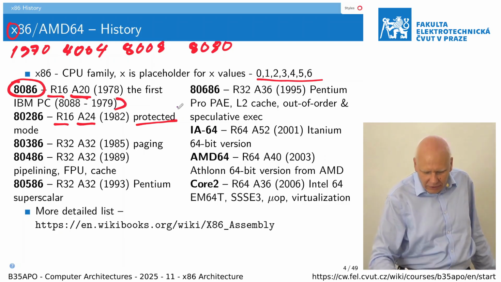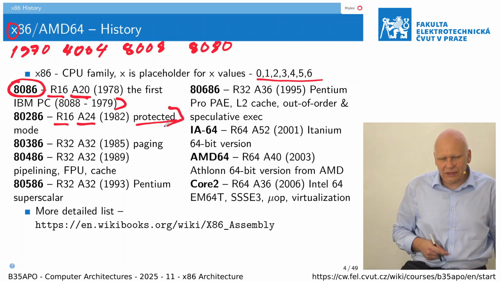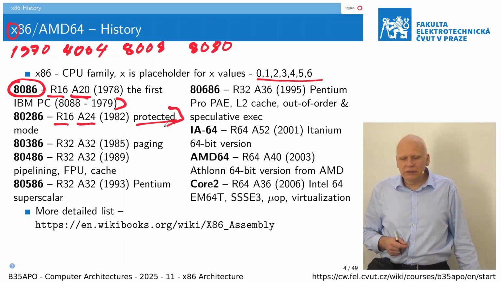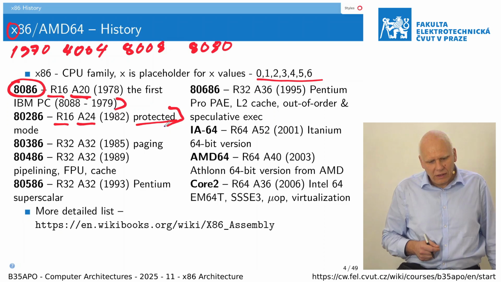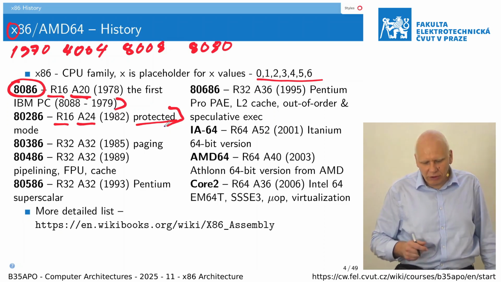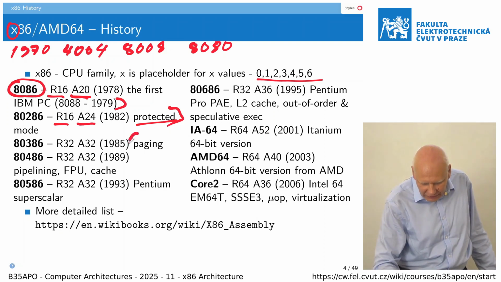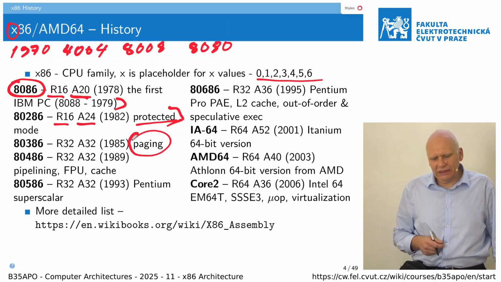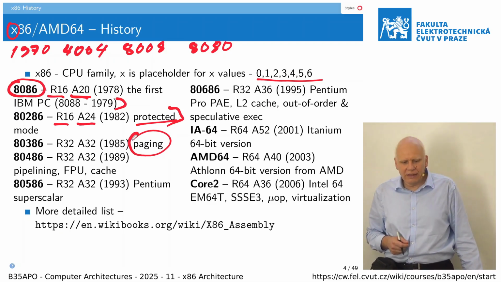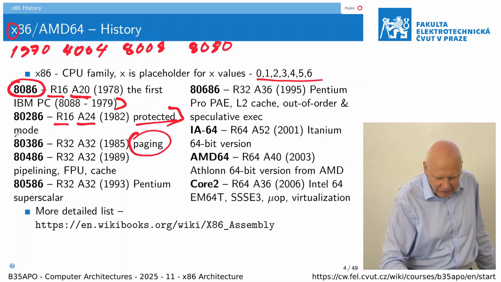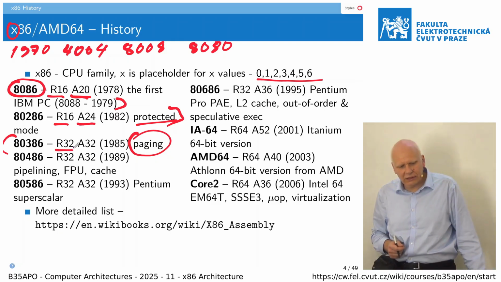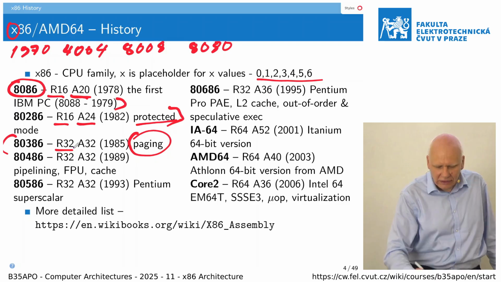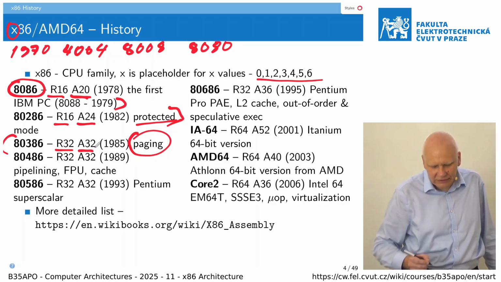But it was quite a complicated system with descriptors, selectors, and so on, which was a little strange, because other architectures had added paging at that time. And Intel later added the paging as well, and extended the architecture to a real 32-bit architecture with 32-bit wide registers and address bus.